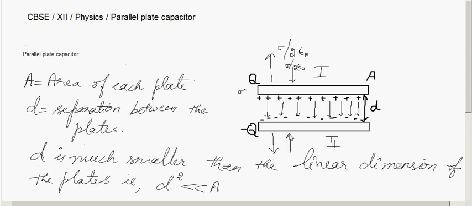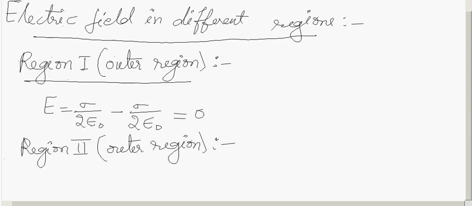Each is sigma by 2 epsilon naught. Two equal and opposite fields will give us a net field equal to 0. So in the outer region, the electric field is 0.